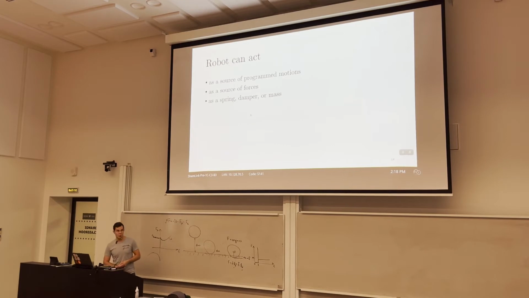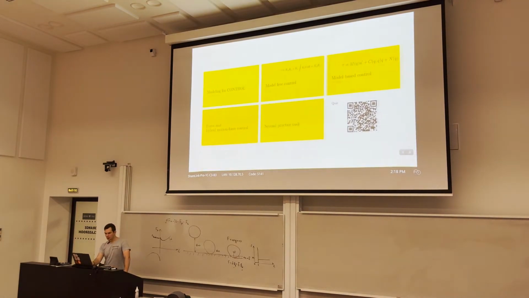It will be everywhere. And right here, we mean that if we want to create a robot that interacts with the environment, it also has to be compliant. And in order to do this, we use hybrid force motion controllers. And we will cover all of them within this lecture. Okay.